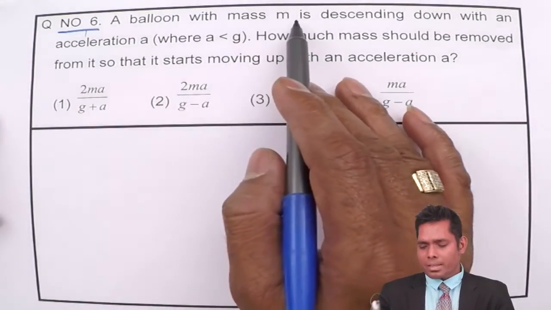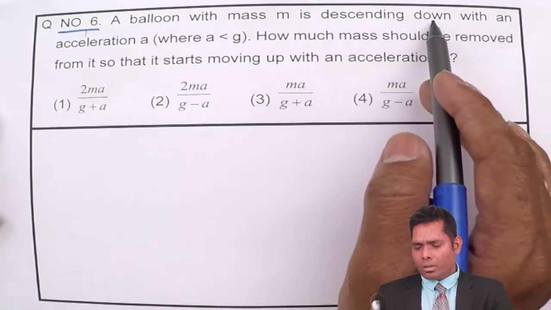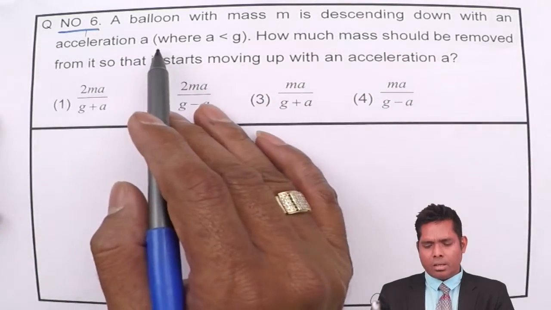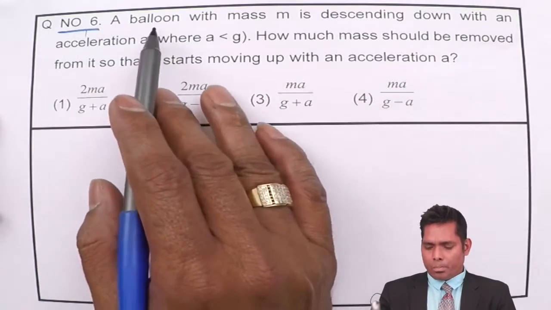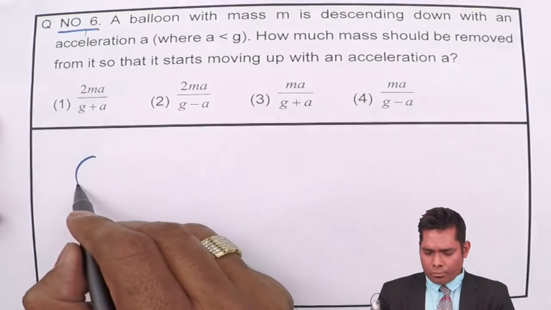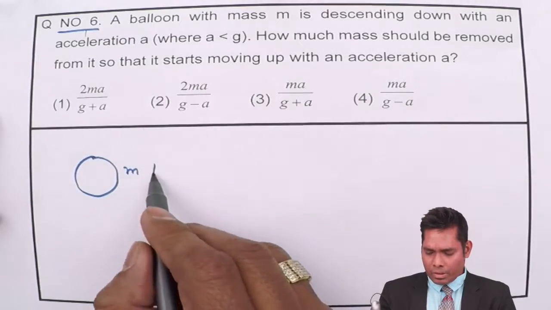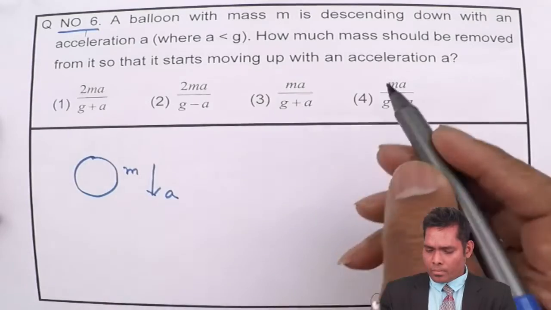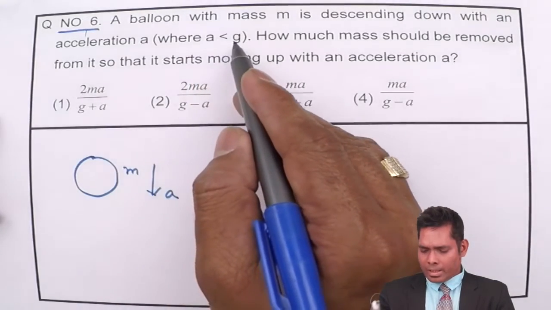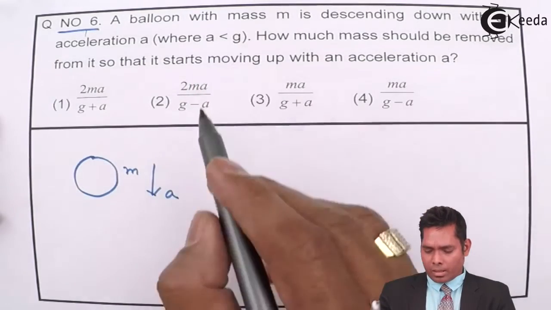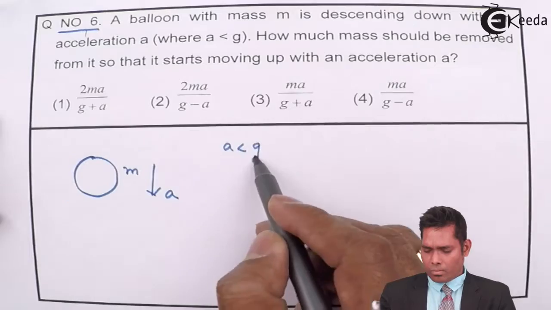A balloon with mass m is descending down with an acceleration a. A is less than g. That is also given that a is less than g.